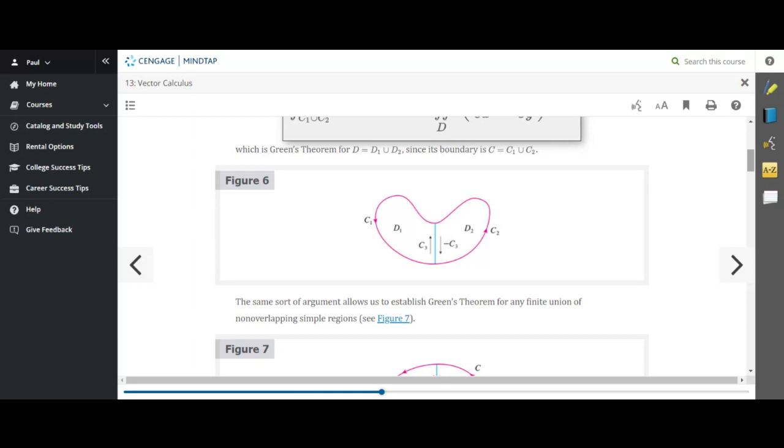But the line integrals for C3 and negative C3 would cancel each other out.